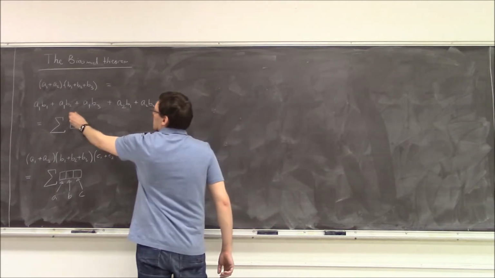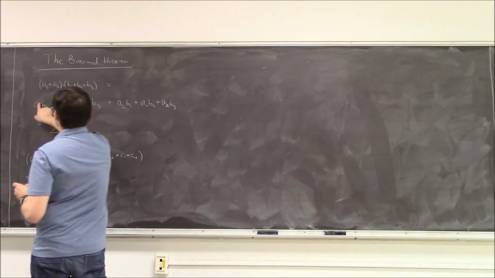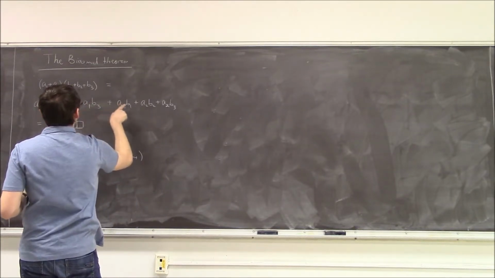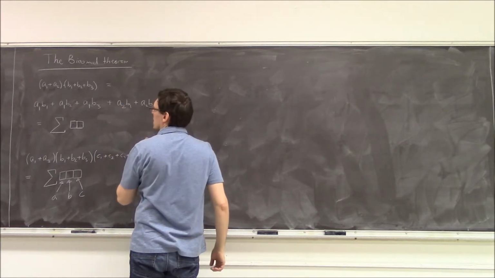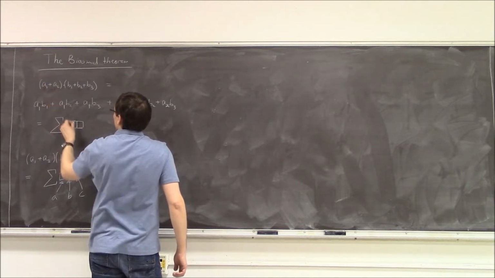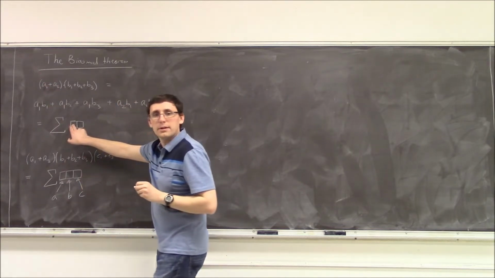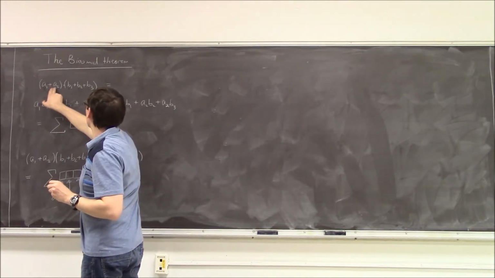Can you count how many possibilities, how many terms are added, how many summands? So this is 1, 2, 3, 4, 5, 6. So 6 terms are added. And notice how do we get the 6? This can be thought of as an experiment where in the first box you pick either 1 or 2.